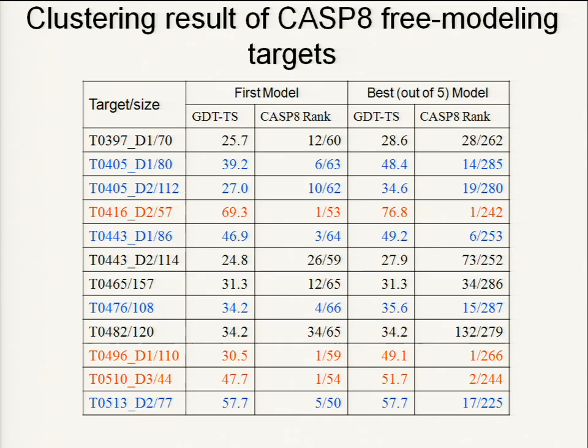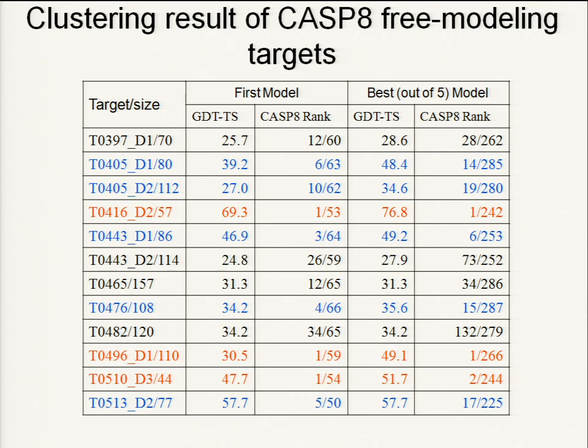And to compare with the other groups, we have a table here that lists the clustering results comparing with the CASP-based remodeling targets. For the decoys generated, we cluster them into 5.